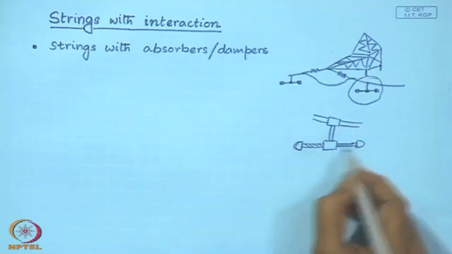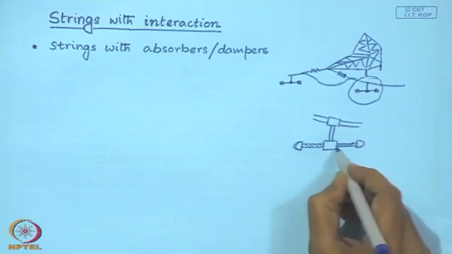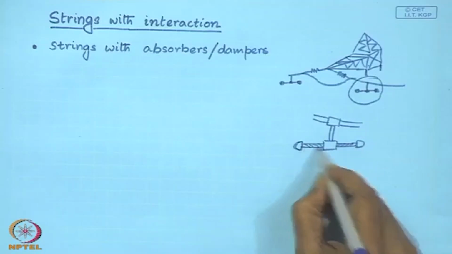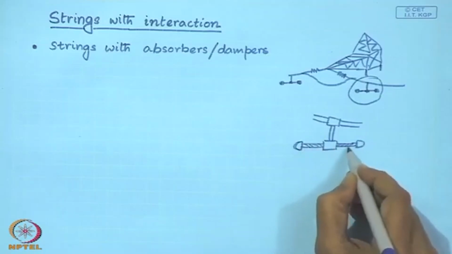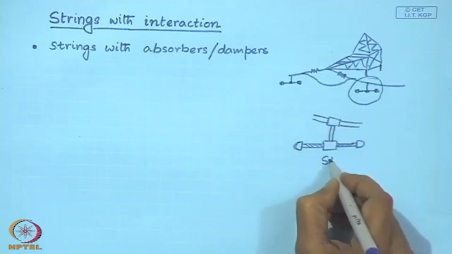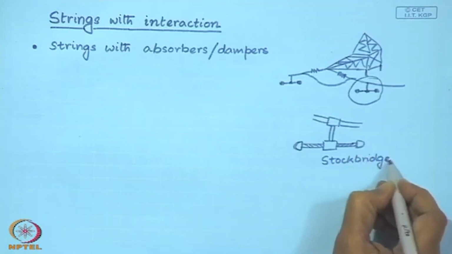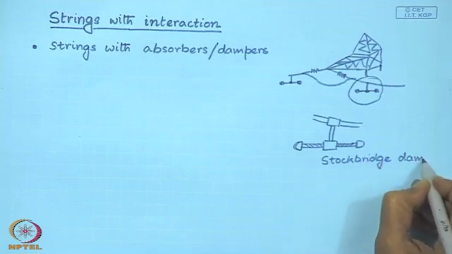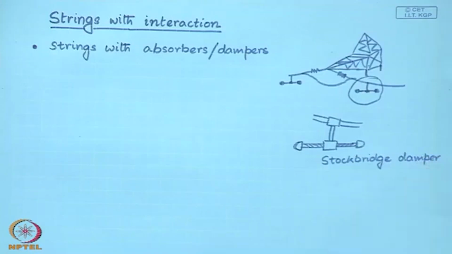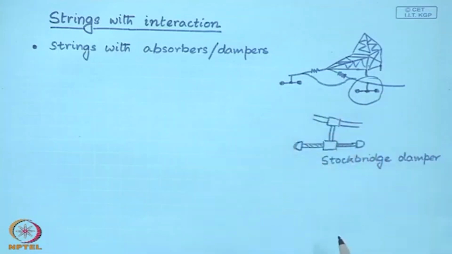Here are some masses, and this is the cable, and here there is a multi-strand cable which acts like a spring and a damper. This is called a Stockbridge damper. So, this is an example of a string interacting with a damper.